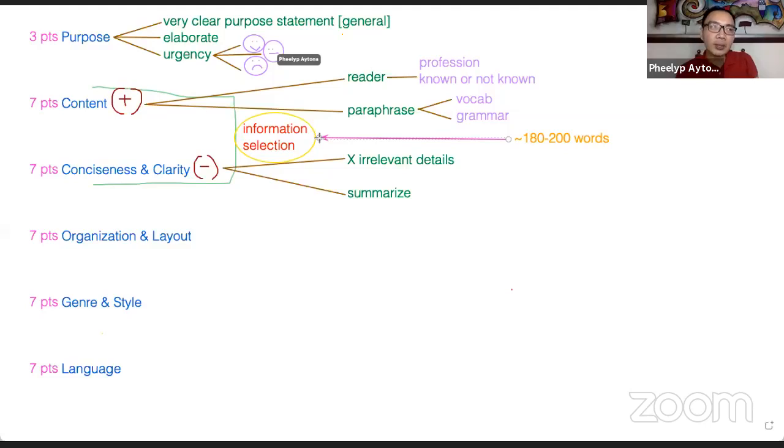Available naman online yung sample writing answer sheets. Yung papel mismo na gagamitin mo when you are going to be writing your letter in the exam. It's highly suggested if you're going to be taking the tests and you're going to be practicing to write on the actual sheet of paper na gagamitin mo sa exam para makita mo anong itsura ng around 180 to 200 words in your own unique handwriting.